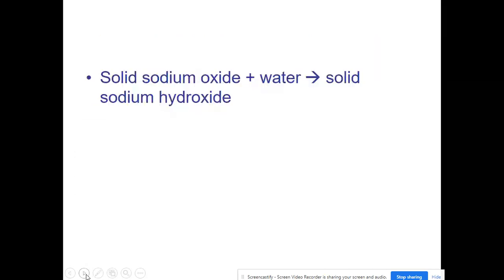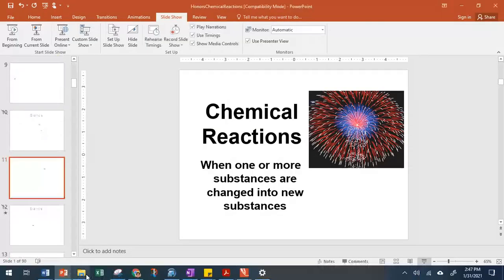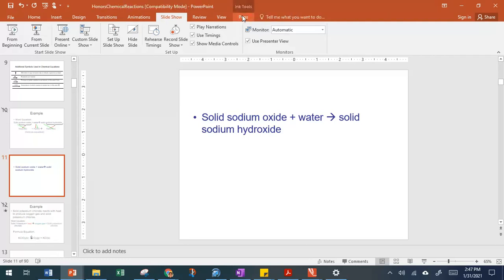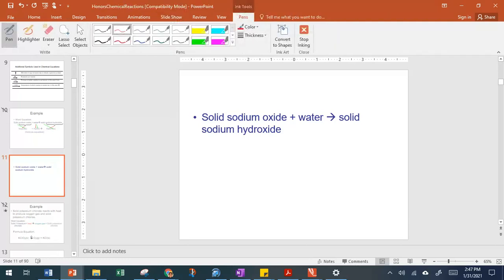Okay, so let's look at this equation here, and we're going to write this as a formula equation. So I'll show you guys how to get started, and we'll do 2 examples. So let me just bring up a pen. Okay, so we want to look for things like and or arrows. So those are going to go into our equation.